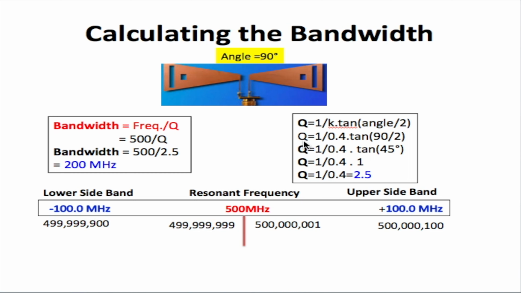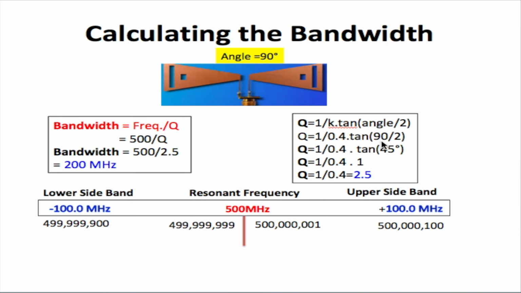So on this line, I have Q is equal to 1 over 0.4, replacing K with 0.4, times the tan of 90 degrees divided by 2. See, the angle is 90 degrees, and we're going to be dividing that by 2. We're using 90 degrees here because 90 degrees is the best trade-off angle between impedance and bandwidth.